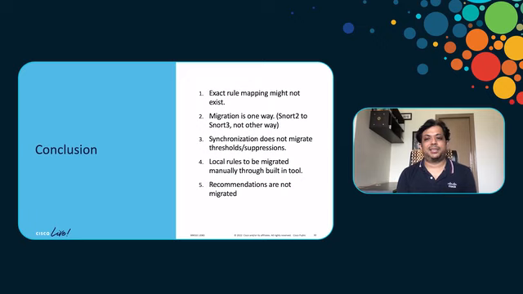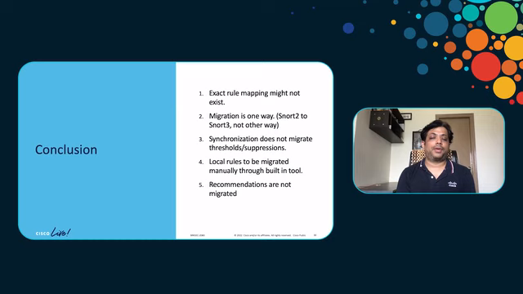Additional parameters such as thresholds and suppressions that we might have configured as part of Snort2 signatures will not be migrated to Snort3. Threshold and suppressions have to be configured manually when you complete the migration from Snort2 to Snort3. Local rules or custom rules, as we discussed, which are part of our IPS policies, will not be migrated as part of upgrade, and these have to be migrated manually through the built-in tool available.